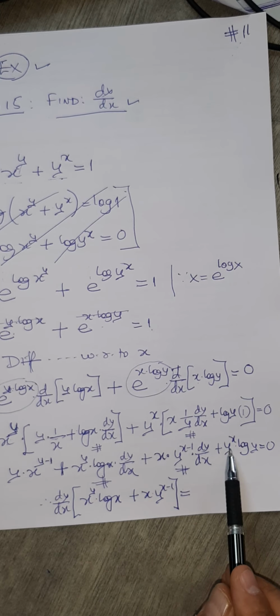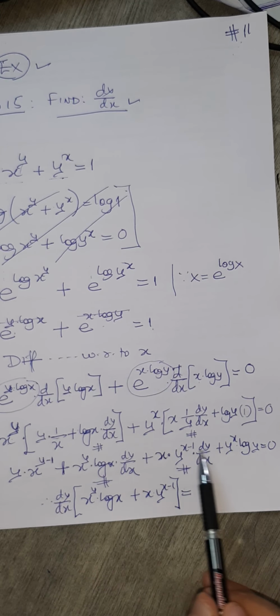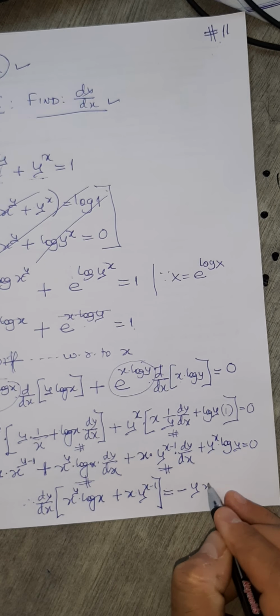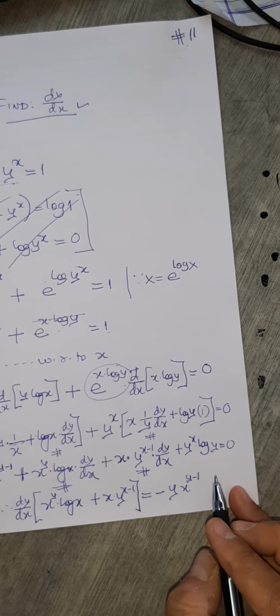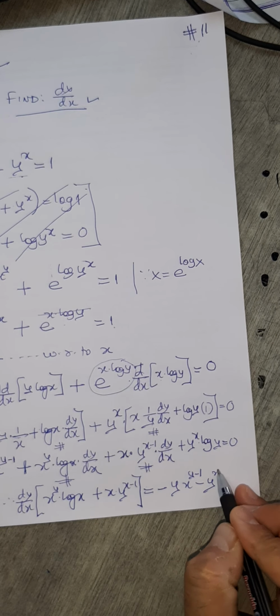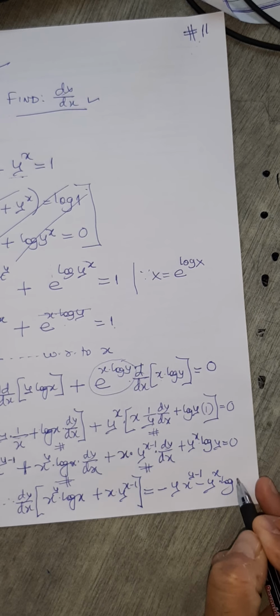So I'll take these two terms on the other side, this term and this term. So minus y into x raised to y minus 1 minus y raised to x into log y.